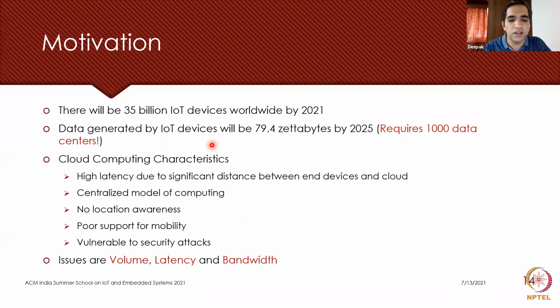These three aspects do not fare well when we are looking at the cloud computing model. So with this, I think I will stop now, and if there are some questions until now, we can take them, and we can break for lunch and come back later.